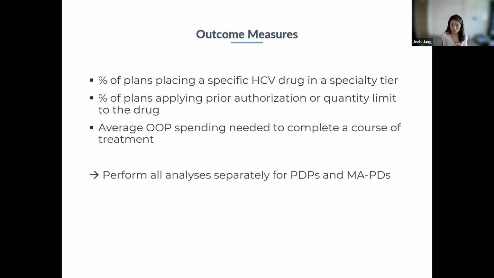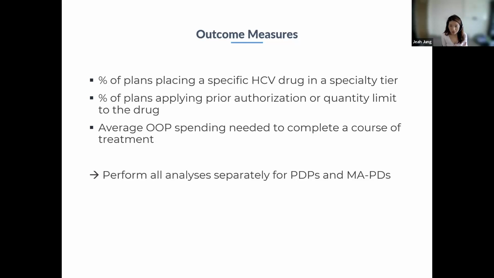The first question you could ask is, how many plans, or what percent of Part D plans, place these new Hep C drugs in a specialty tier? And you could ask, do all the plans apply prior authorization to Sovaldi or Harvoni? Or what about quantity limits? And also you could ask, what is the average out-of-pocket spending on the patient side to complete a course of treatment?